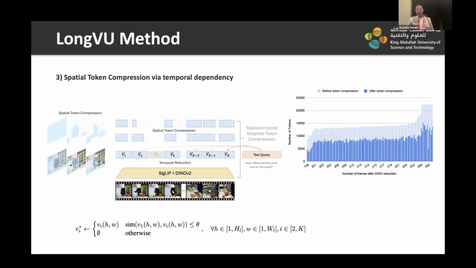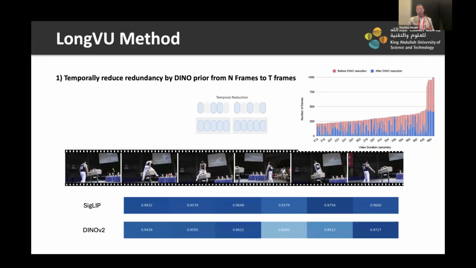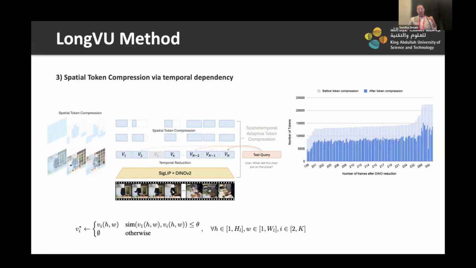You can see in this figure how much reduction has been achieved by the first step, which is the DINO prior. And this step shows how much reduction you can get in the number of tokens, more than 50% reduction in the tokens by using this trick.